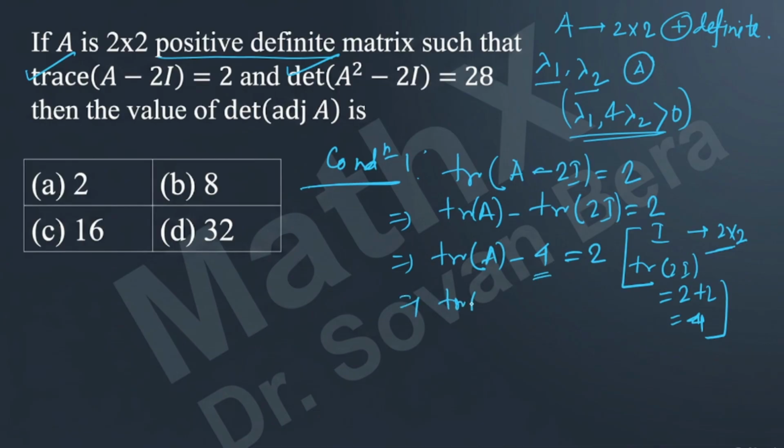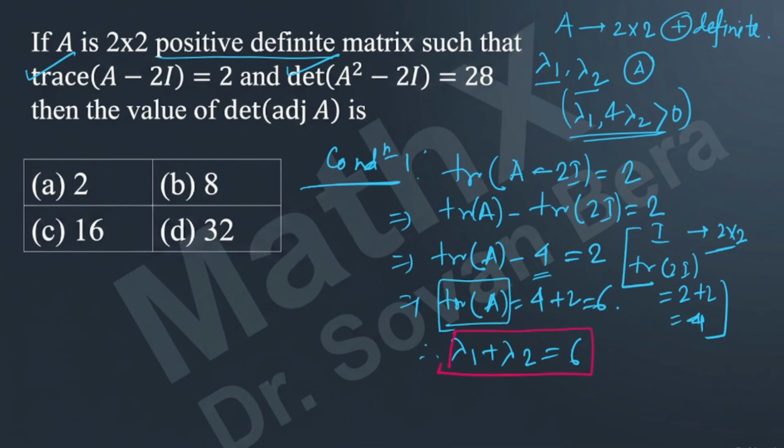So trace of A equals 4 plus 2, that means 6. Since trace of A equals the sum of the two eigenvalues, lambda 1 plus lambda 2 equals 6.